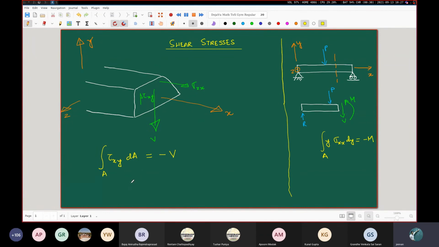So what we do is the following. Let me go to the next page, and I'll do a force balance, something which is very comfortable for all of you. What I'll do is take out a little slice of the beam.